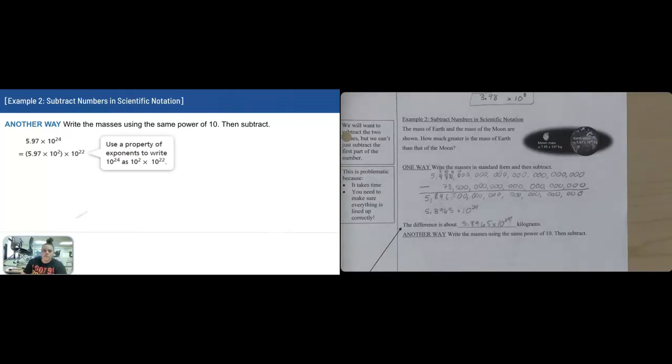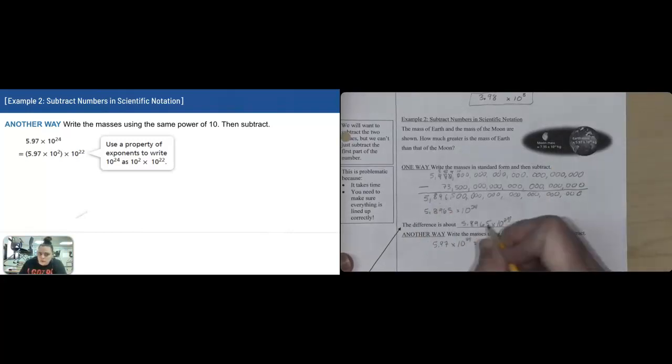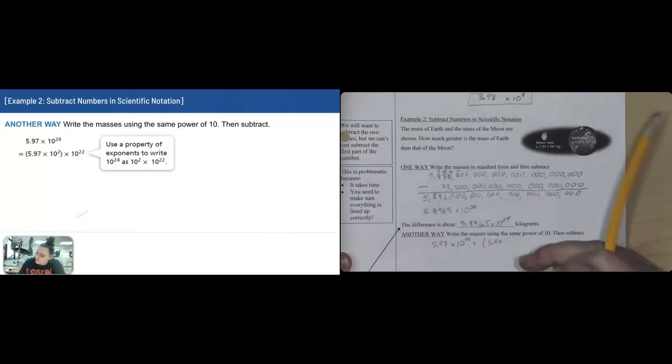So just like before, we want to take our larger power of 10, 5.97 times 10 to the 24th, and we want to rewrite it so that we get times 10 to the 22nd, which is what the power of 10 on the smaller number is. So we rewrite this as 5.97 times 10 squared.